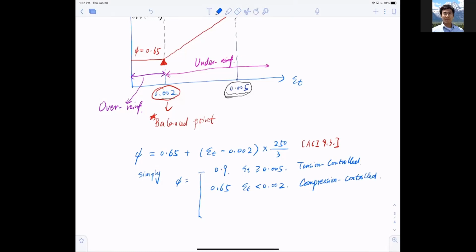And last but not least, what if your strain epsilon t is in the middle, and that is the transition zone we just talked about. Use that equation there, and this is when 0.002 is smaller than epsilon t and smaller than 0.005, and this is transition.